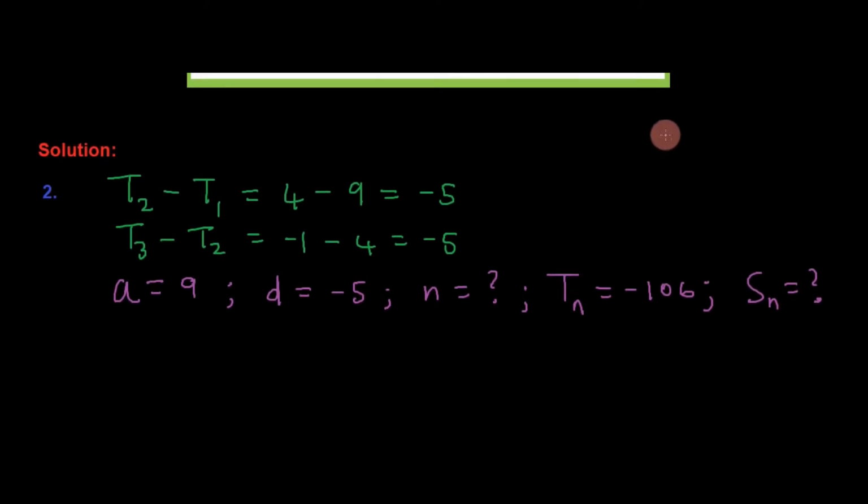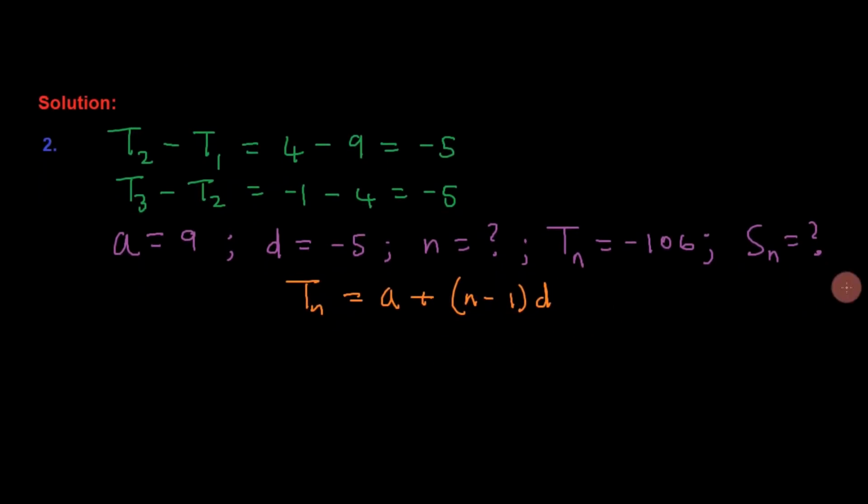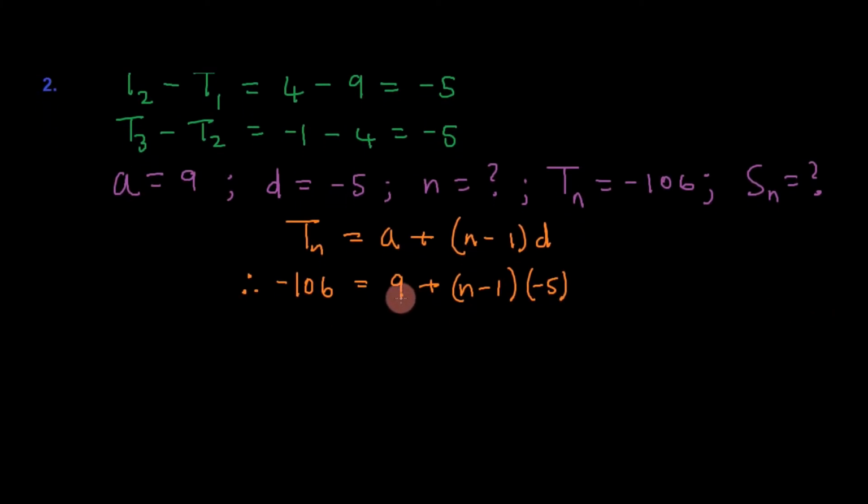So we're first going to use the formula T sub n equals a plus n minus 1 times d in order to find n. So substituting, and solving for n, we can take the 9 to the left-hand side.